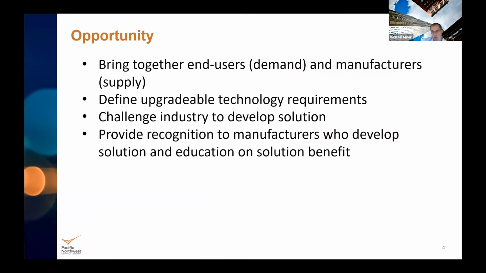The idea is bringing together end users who demonstrate a demand with manufacturers who ideally create a product that addresses it. We define the upgradable technology requirements, and then ultimately challenge industry to develop a solution that meets this.